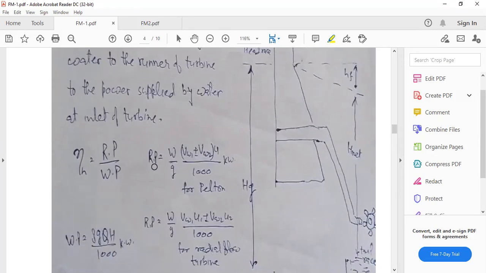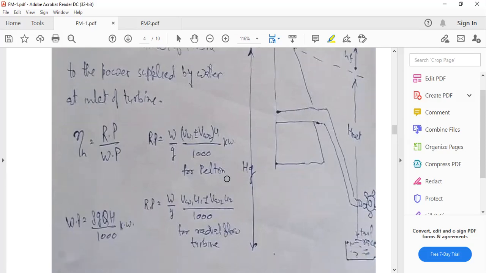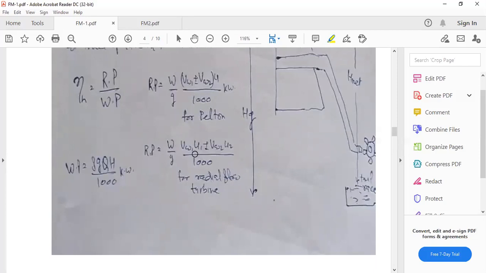Now, we have different types of turbine: Pelton turbine, radial flow turbine. For Pelton turbine, the formula for runner power is W by G, (VW1 plus minus VW2) into U, upon 1000 kilowatt, where VW1 and VW2 are the whirl velocities, and U is the velocity of runner.